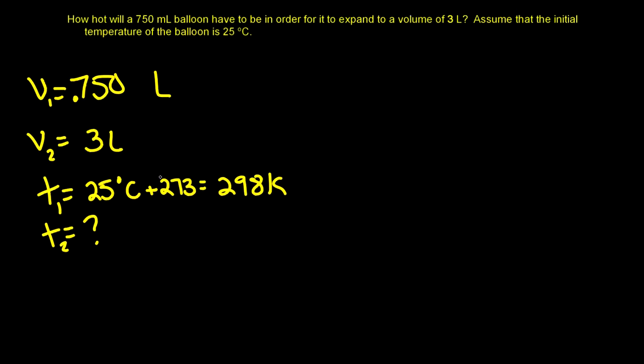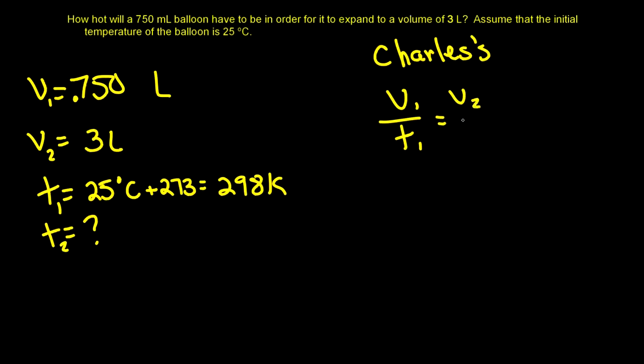And since I'm dealing with volume and temperature, that's going to be Charles's law. That's volume over temperature initially is equal to the volume and temperature after it changes. So my initial volume is 0.75. My initial temperature is 298.